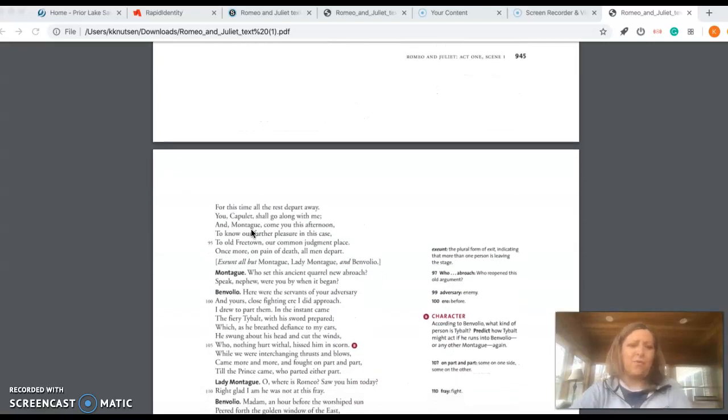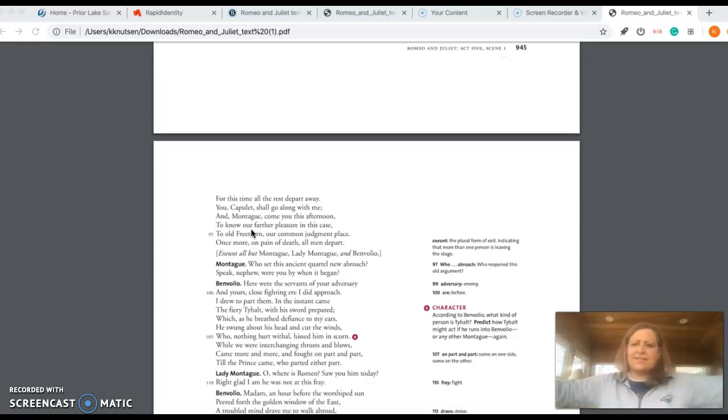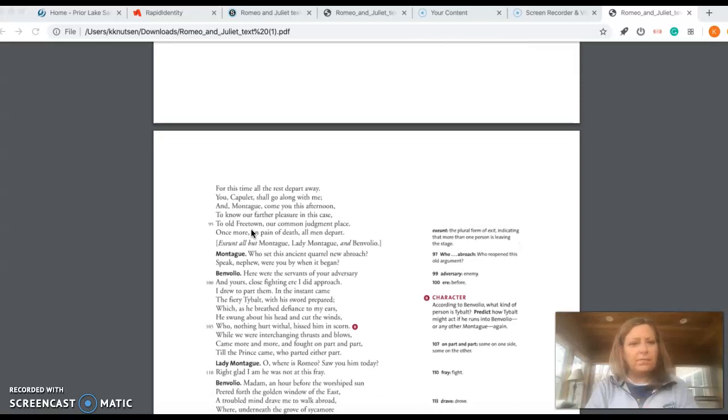So, past that point, everybody exits the stage except for Lord Montague, who is Romeo's dad, Lady Montague, and Benvolio. Now, Lord and Lady Montague are going to be playing worried parents, okay? And so Montague says, "Who set this ancient quarrel new abroach?